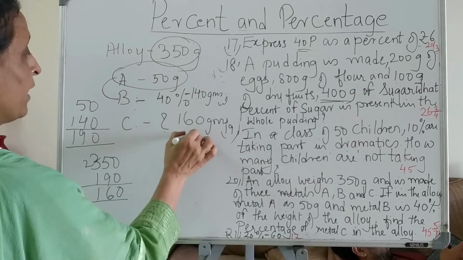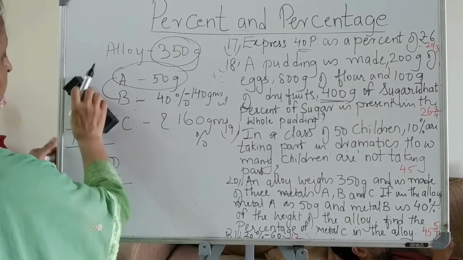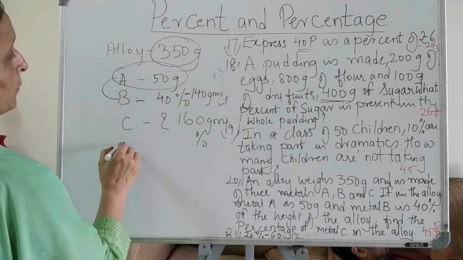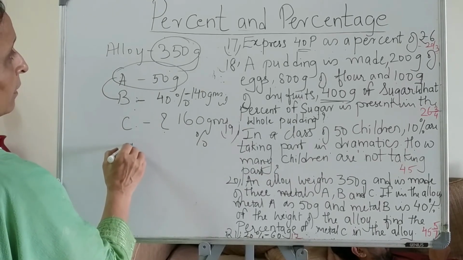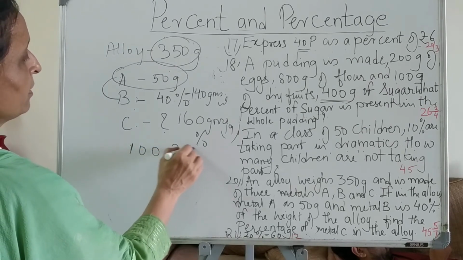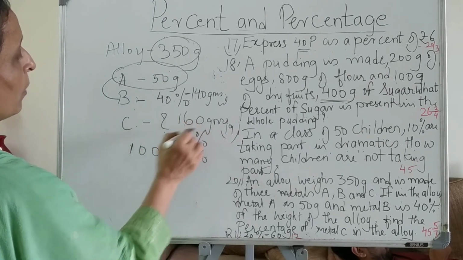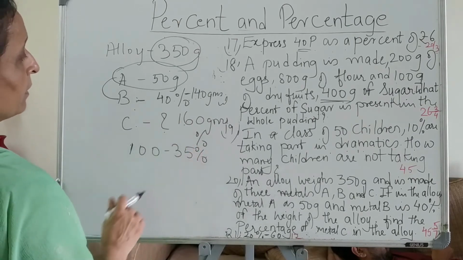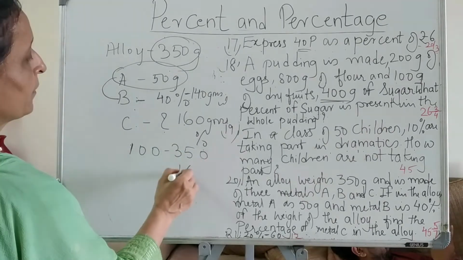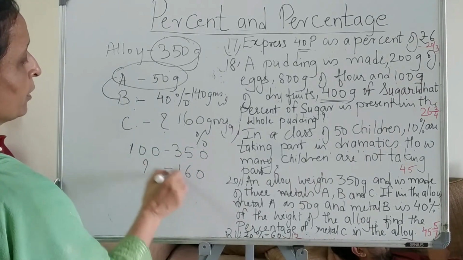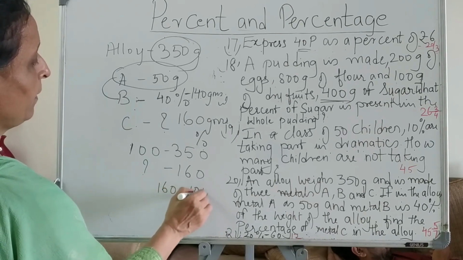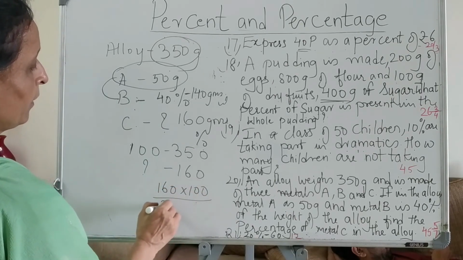Now I have to find this in percentage. So naturally I have to multiply further. The total is 350, 100% is 350. Now 160 grams is how much percentage? So it is 160 into 100 by 350.